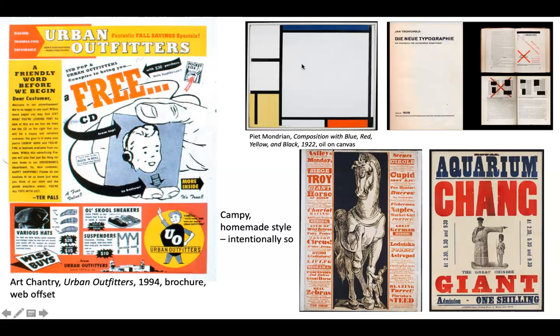And you might remember that when we looked at Tschichold, the new typography, he also advocated for a kind of asymmetrical design where the images would be placed on the sides and at the top and bottom to balance each other, and then the text would be placed in between. So this is a similar situation.